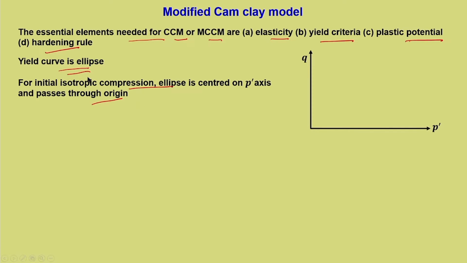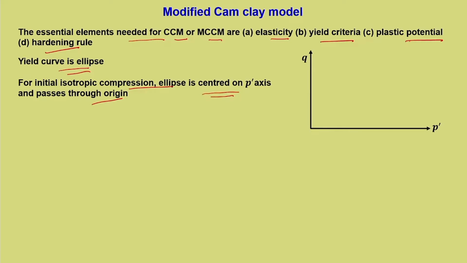So, what it tells is, now yielding, as I told, need not mean failure. It can happen in isotropic compression, it can happen in one dimensional compression, or it can happen in a triaxial loading. So, in an initial isotropic compression, the ellipse is centered on the p' axis.